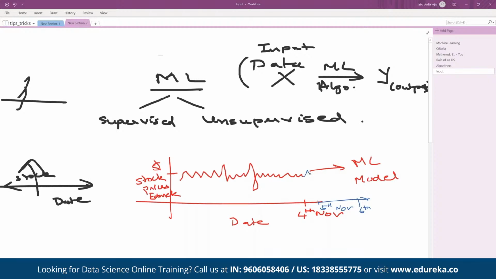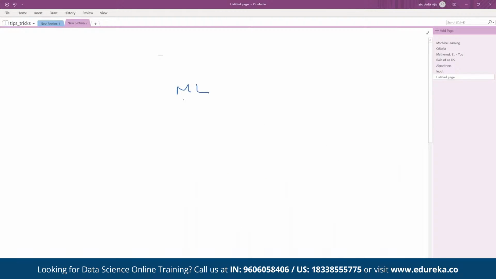If a machine learning model has been trained from historical data and can predict the prices for tomorrow, can you imagine how much money we can make out of the share market? We would exactly know whether the prices will go up or down tomorrow. So this is exactly what machine learning is.